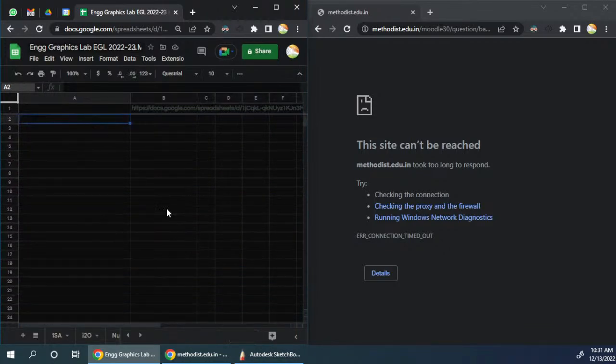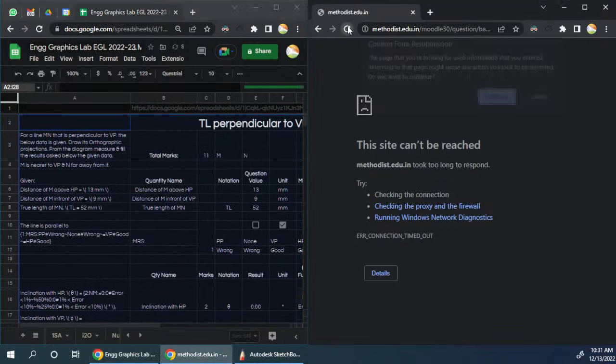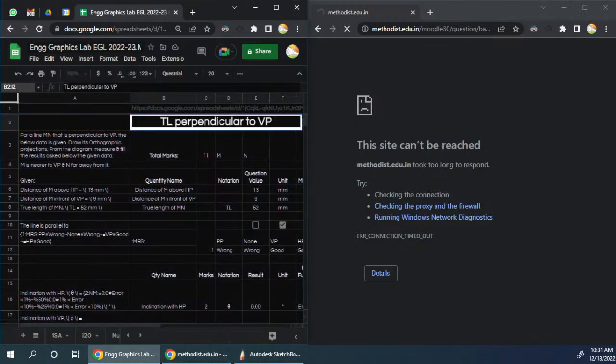We need another line here. Let's try this. Okay, continue. Line inclined to VP. Right.